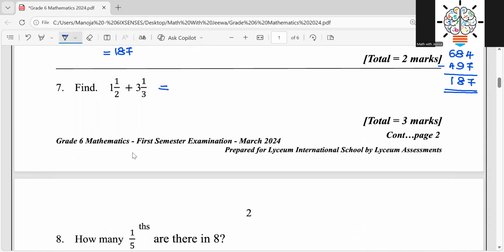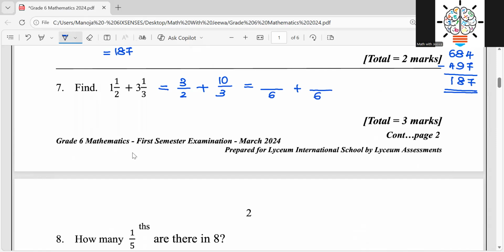So then the 2 times 1, 2, 2 plus 1, 3, 3 over 2, plus 3 times 3, 9, 9 plus 1, 10, 10 over 3. Then you can get the common denominator. So then 2 and 3, the common denominator is 6.